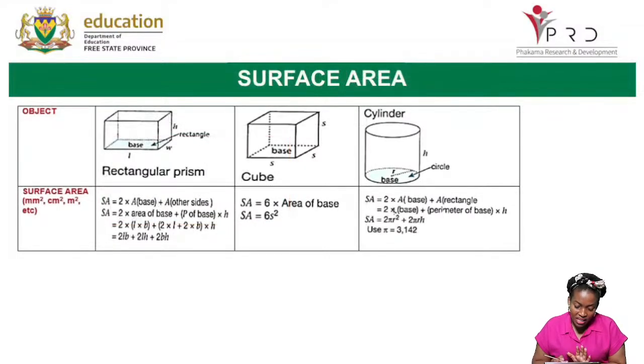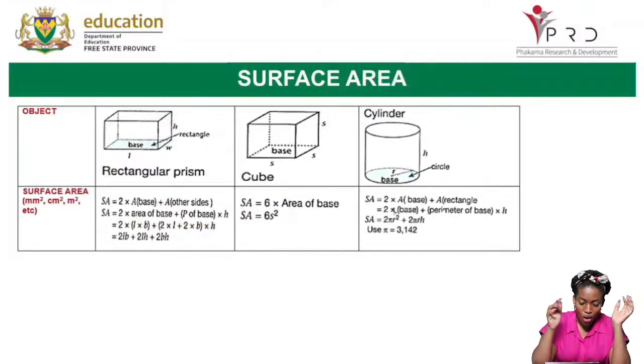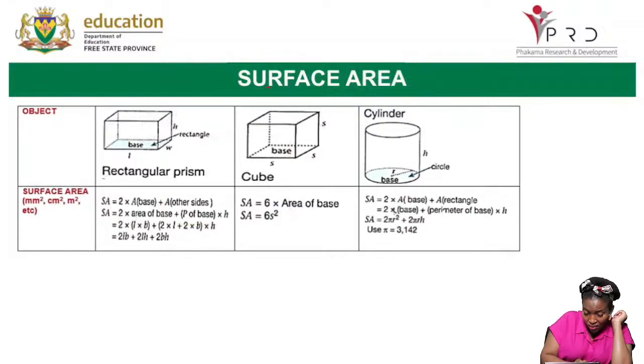And then we've got surface area. The difference between surface area and the area that we did in the previous slide is that area focuses on 2D shapes, whereas surface area focuses on a 3D shape. I hope you can see the difference. With the 3D shapes, we work with the rectangular prism, we work with a cube, we work with a cylinder.